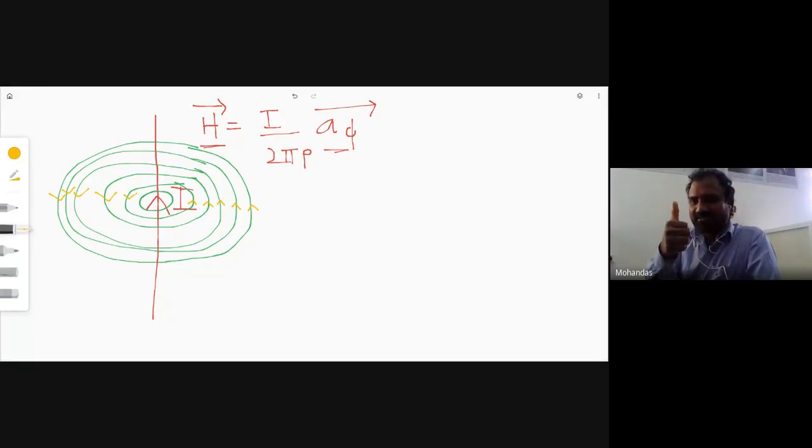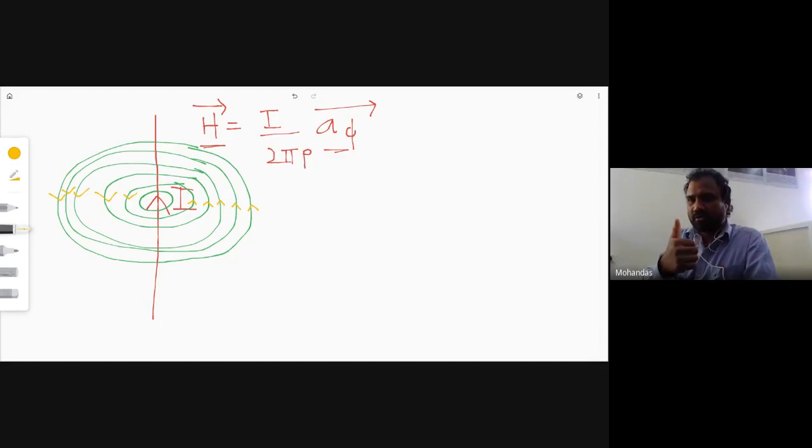This is in the case of a straight conductor. In anti-clockwise direction, the magnetic flux will exist. Now suppose the current is in downward direction, in negative z-axis, then you will get minus a_phi. Then thumb shows in which direction?